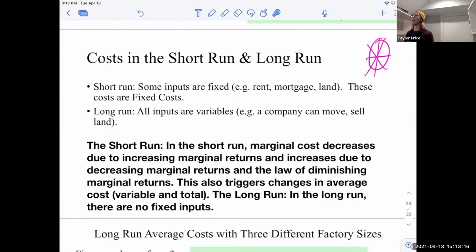And then that relationship triggers a change in average costs, so variable and total. But in the long run, that relationship breaks down because you don't have fixed costs. All you have are variable costs. Everything is variable. And if you need to get out of your lease, or get out of the land that you own, you can do that. So an important distinction between short run and long run.